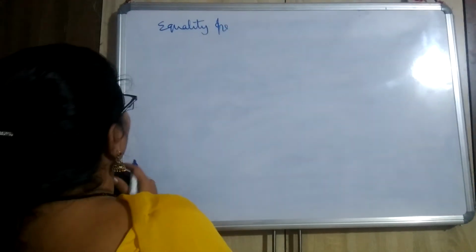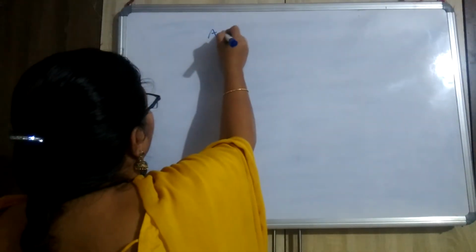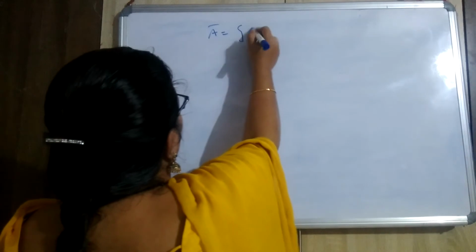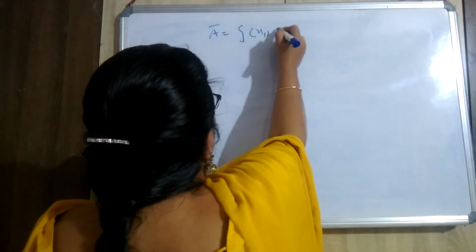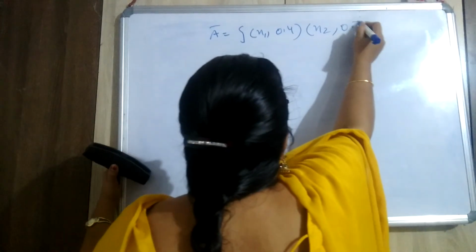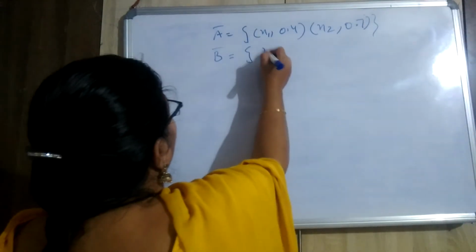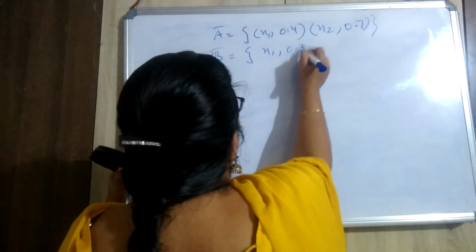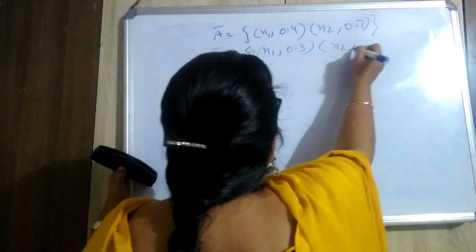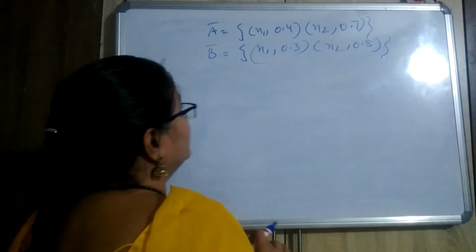Okay, so before writing the equality operation, let me define the sets of the fuzzy sets. A bar is equal to x1 comma 0.4 and x2 comma 0.7, and b bar is given as x1 comma 0.3 and x2 comma 0.8. These are the two different fuzzy sets.